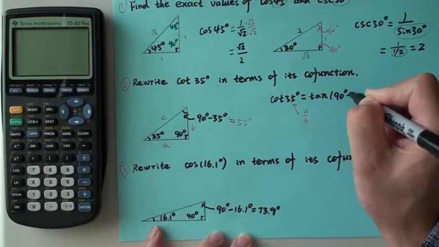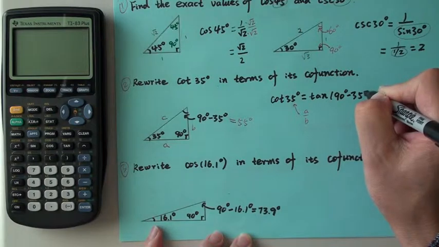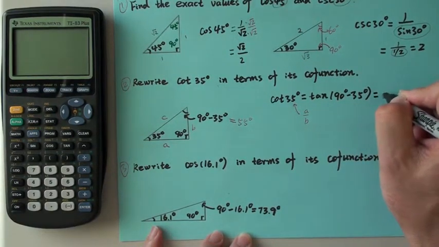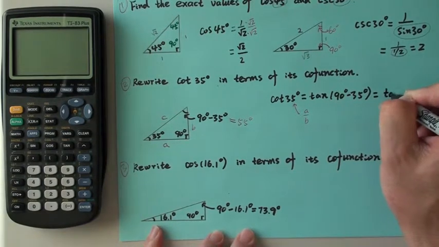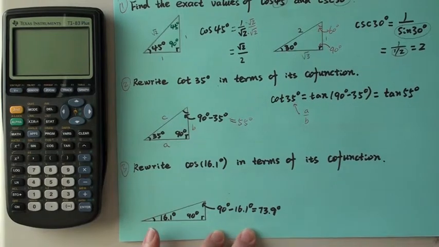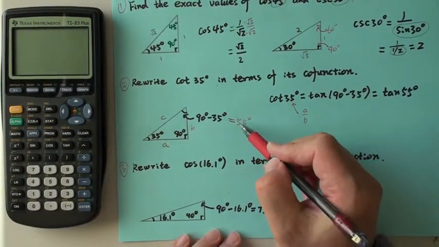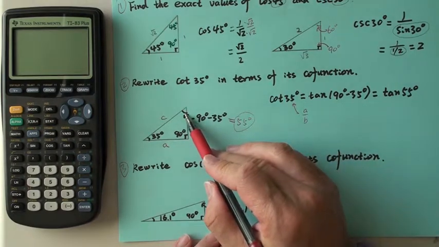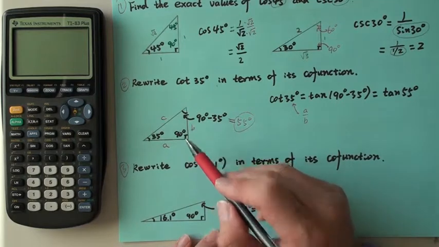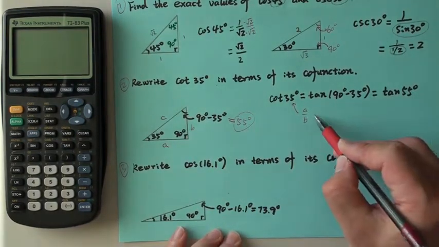The complement. And then we know that will be tangent 55 degrees. And actually 55 degrees again is here, and tangent is opposite side over adjacent. So it's still A over B. See that?